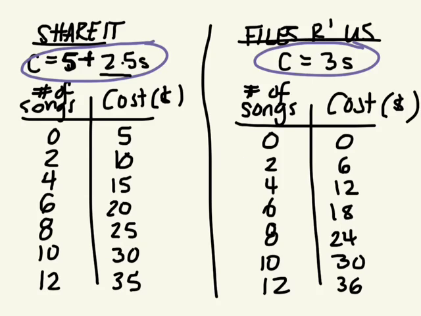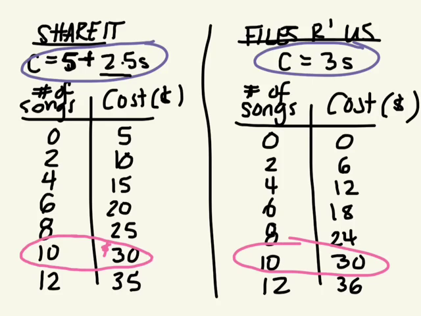So if we look here, if she downloads 10 songs from Share It, how much does it cost? $30. If she downloads 10 songs from Files Are Us, how much does it cost? $30. So what would your advice to her be? If she's going to download more than 10 songs, what happens to the price?